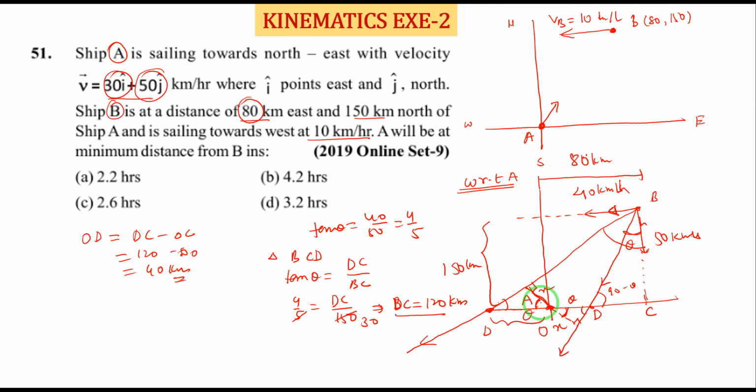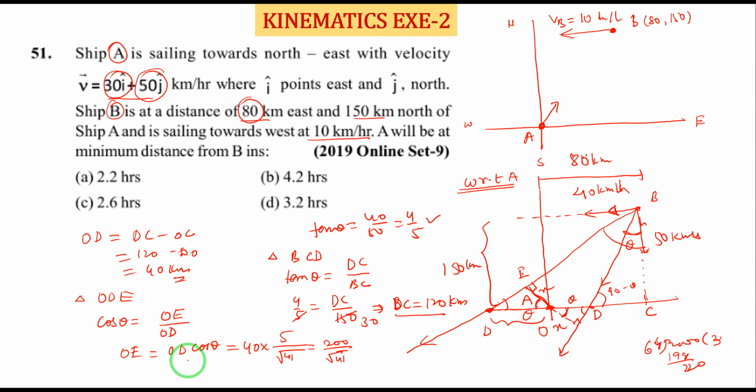Now in triangle ODE, you will apply what? Sine or cos? You will apply cos theta. Cos theta equals to OE upon OD. Now because we know this tan theta, therefore we can find cos theta also. So OE, which is the shortest distance, is OD cos theta.